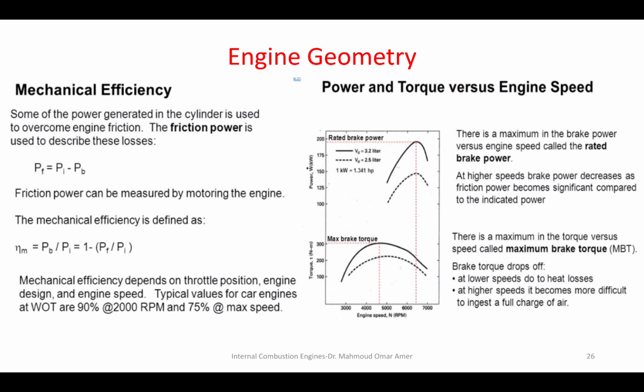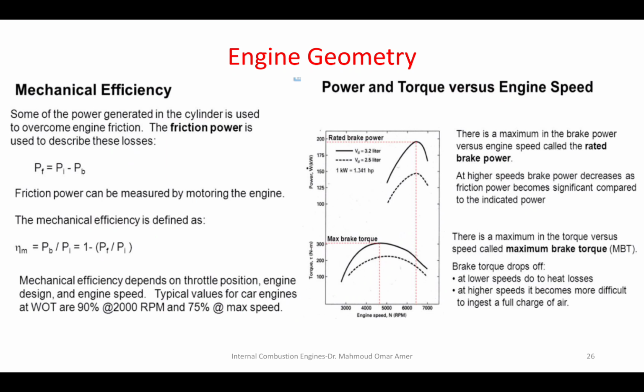It's lost. So as the speed increases, indicated power increases and the friction increases. So the brake power starts to decrease at higher speed because the friction power increases.